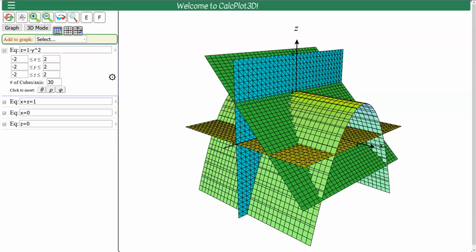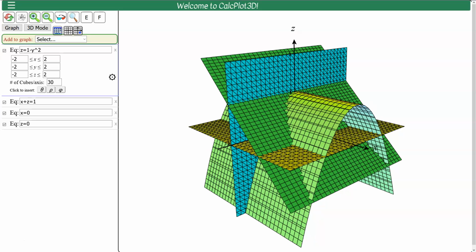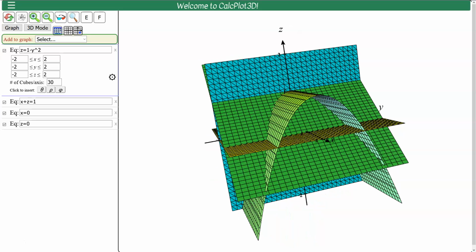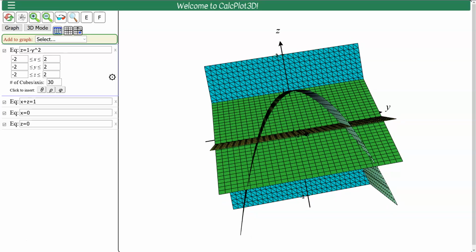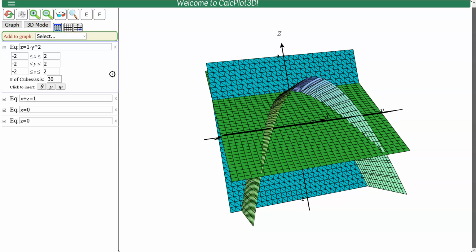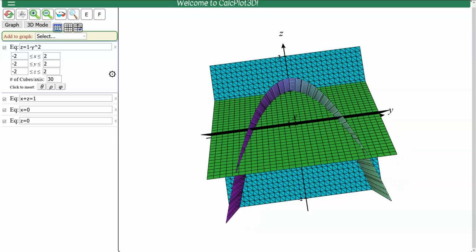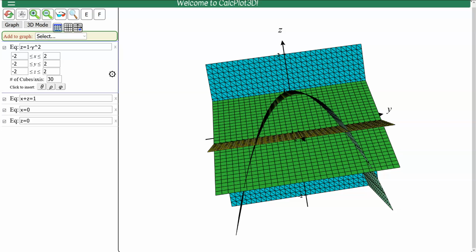Now, the easiest way, I think, to set this up is to project onto the yz plane. So let's look at it this way. You can see here, I don't have it exactly straight up and down, but in the yz plane, it's projecting onto this kind of parabolic region above the y-axis.